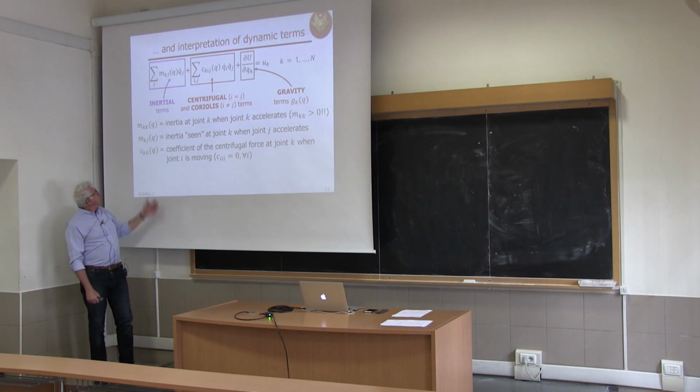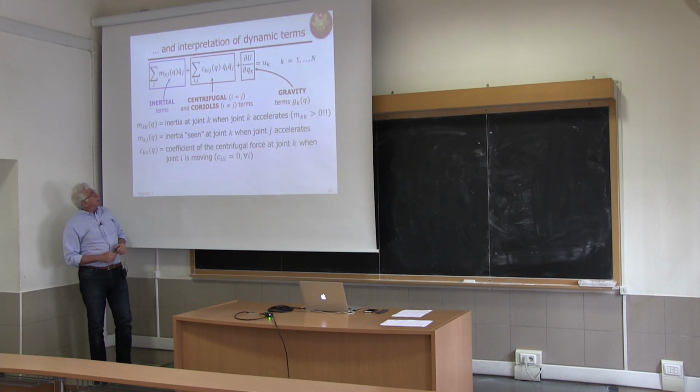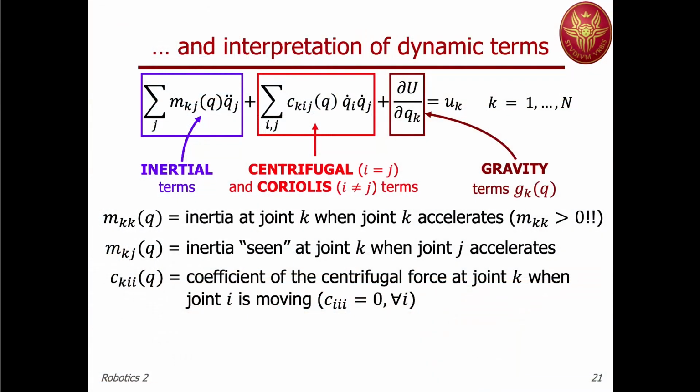And similarly, if we look at the Christoffel symbol, this scalar coefficient, which has three indices, pay attention. One index refers to the equation that we are considering, k, and then i and j refer to the product of velocities, either the same velocity when we have ii or different velocities. So this is the coefficient that weights the centrifugal force felt at joint k when joint i is moving.